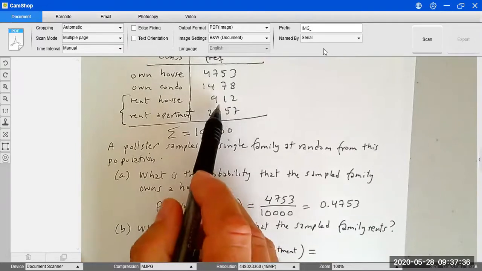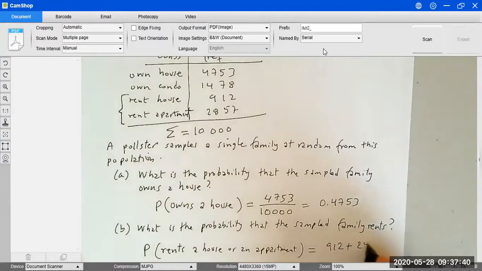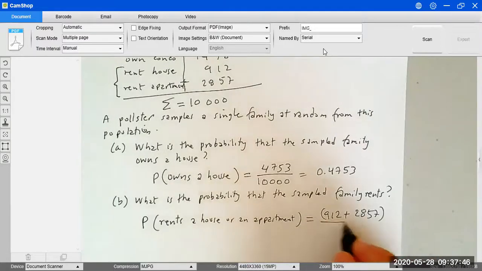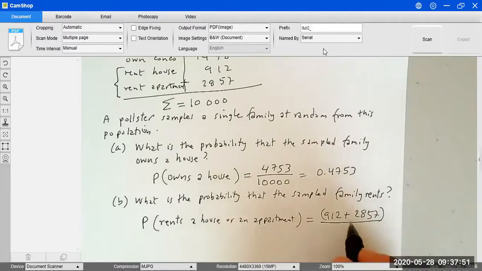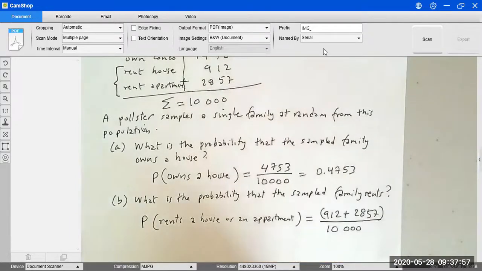So we have 912 plus 2,857. Anytime that you conduct a division and you have several terms in the numerator or in the denominator, please use parentheses to prevent mistakes. So then we're going to divide this by 10,000.